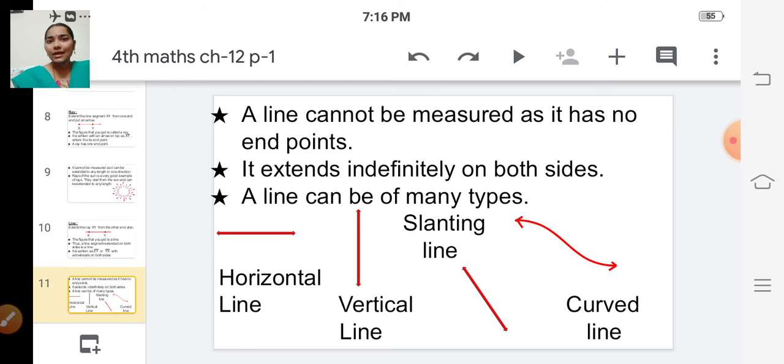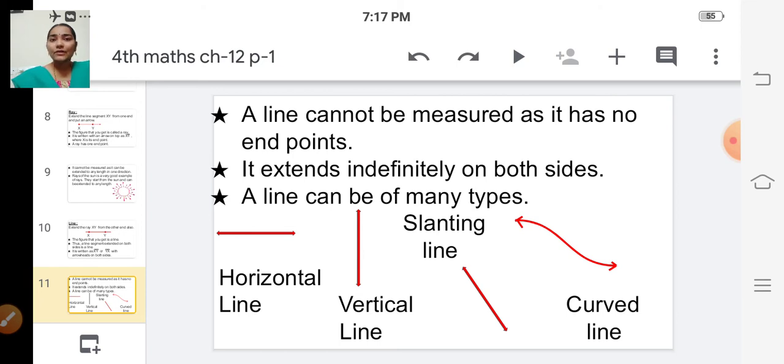A line segment has two endpoints and a ray has one endpoint. A line has no endpoints. Similarly, a line segment has a fixed length.